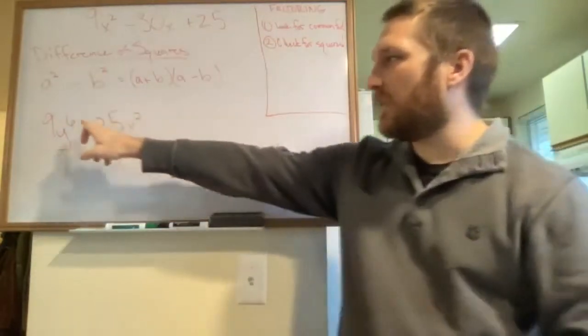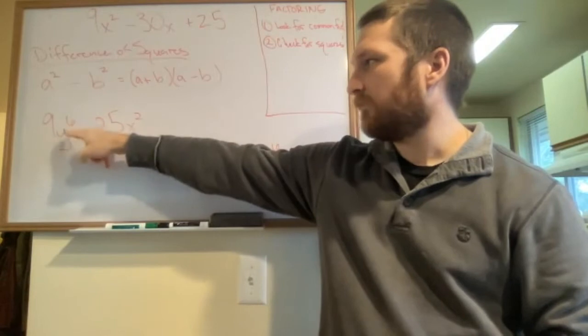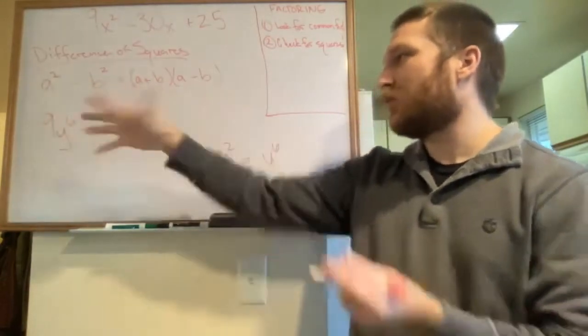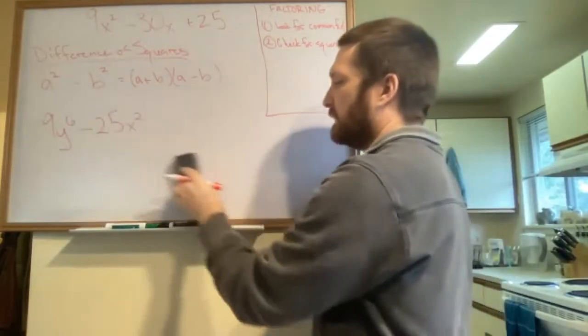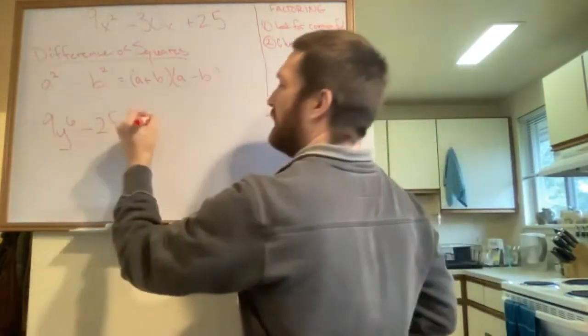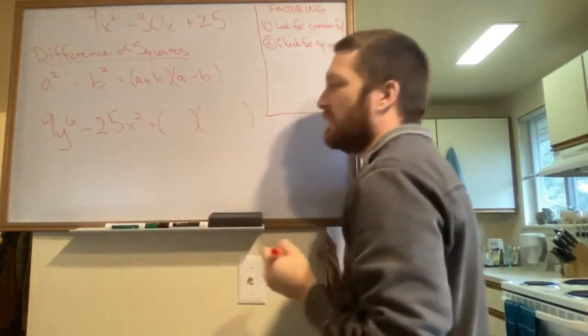So the key here is when you have even powers, then you can rewrite it in this form. In this case, I notice that I have a difference of squares.